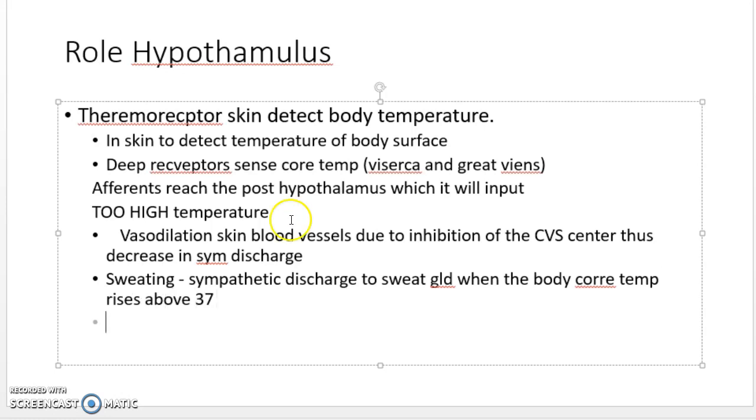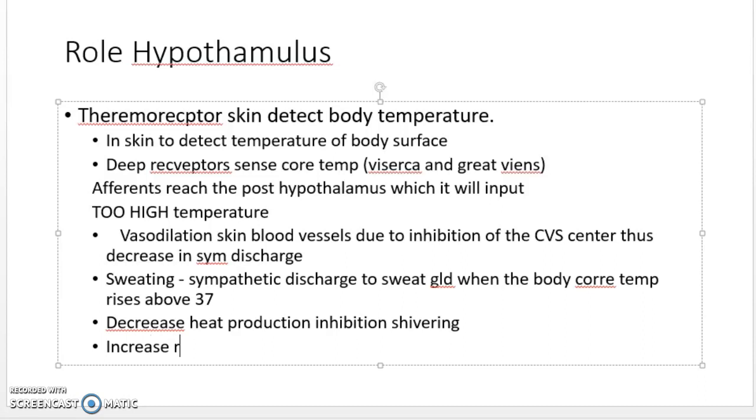The next thing is cooling through decreased heat production, which is inhibition of shivering. Next is increased respiration, so removal of heat from expired air.